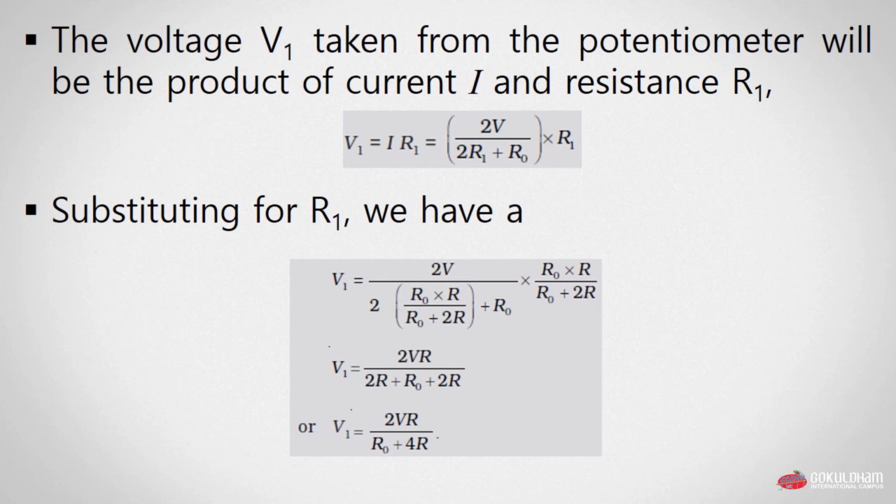This will equal 2VR divided by (2R plus R0 plus 2R), and we can say V1 is equal to 2VR divided by (R0 plus 4R), since 2R plus 2R is 4R. So the expression for voltage across R when the sliding contact is in the middle of the potentiometer is 2VR divided by (R0 plus 4R), which is our solution for example 3.10.